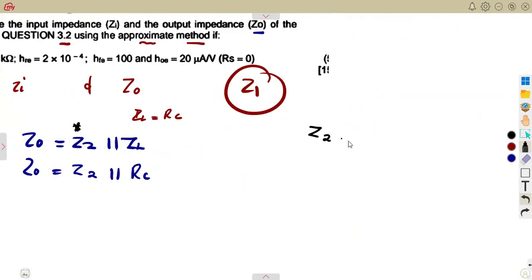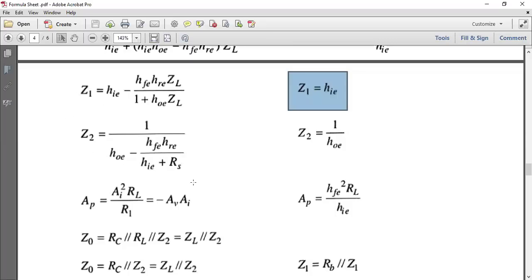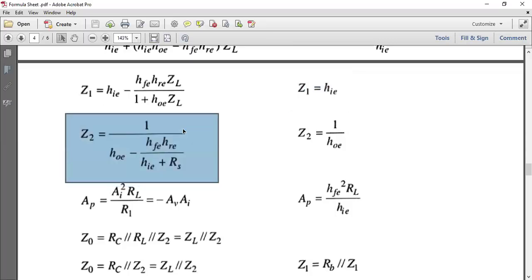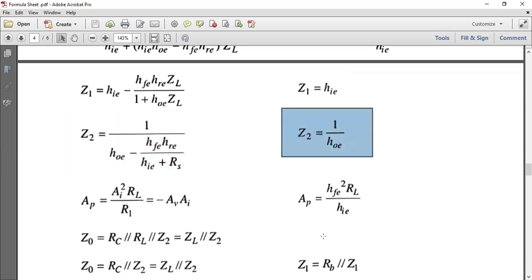Remember, Z2 is the impedance of the transistor only. Instead of using those calculations that we had when we were dealing with the precise method, we are no longer doing like that. We are now approximating that Z2 is equal to 1 over HO. That is the only part that has changed. Z2 is now approximated to 1 over HO.